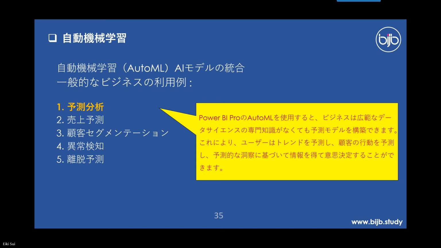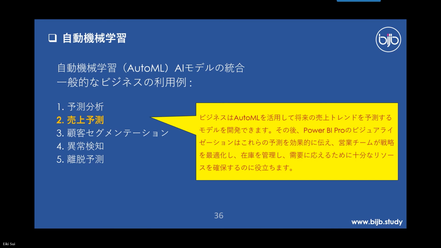Next one is sales forecasting. Businesses leverage ML to develop models that predict future sales trends. Again, whereas in the prior case we were looking at the historical data, analyzing the discrepancies, here we are forecasting into the future for the sales. Most applicable case.